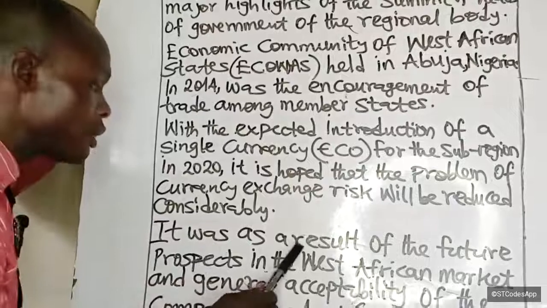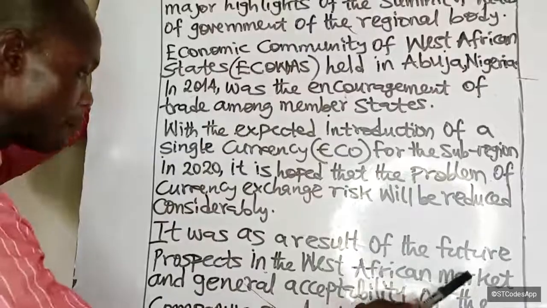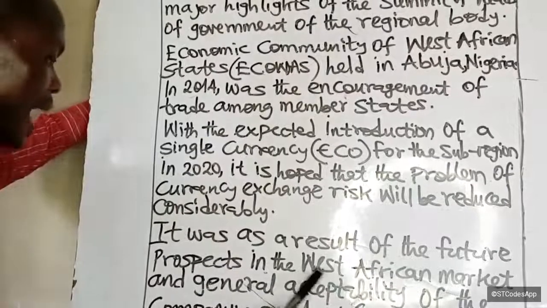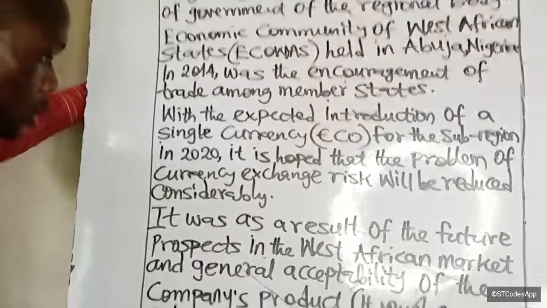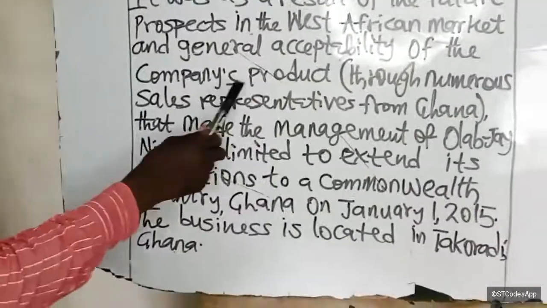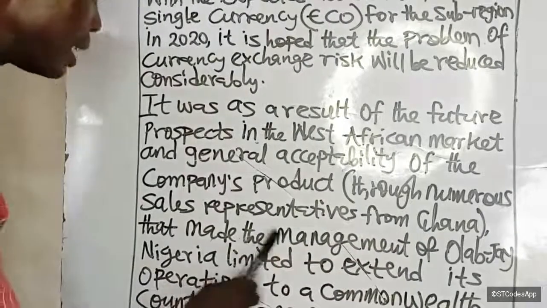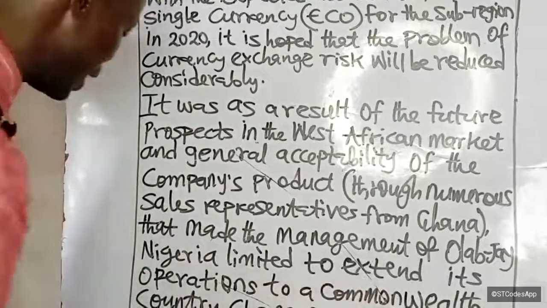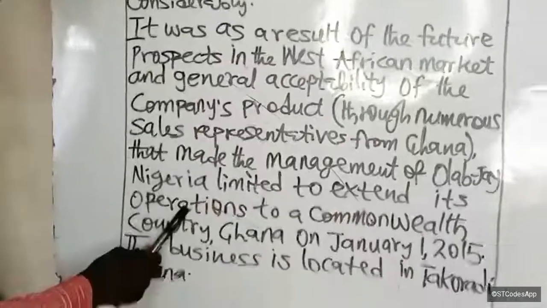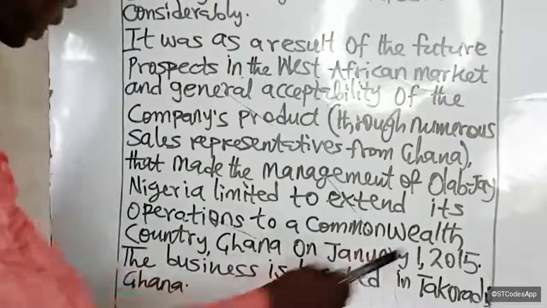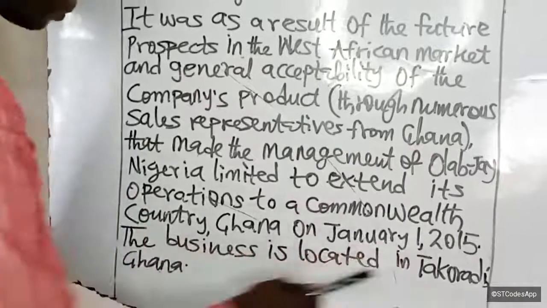It was as a result of the future prospects in the West African market and general acceptability of the company's product through numerous sales representatives from Ghana that made the management of Olabje Nigeria Limited extend its operations to a Commonwealth country, Ghana, on January 1st, 2015.